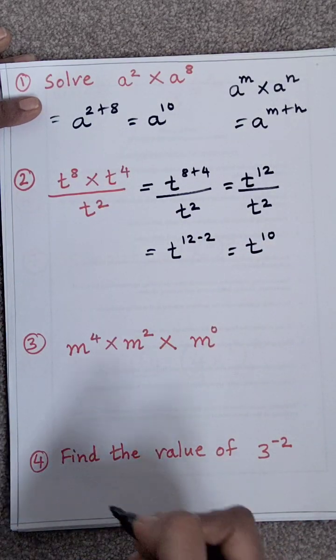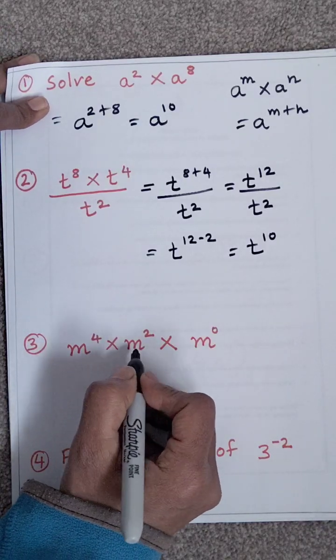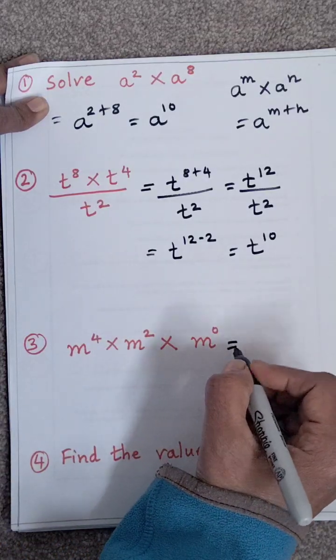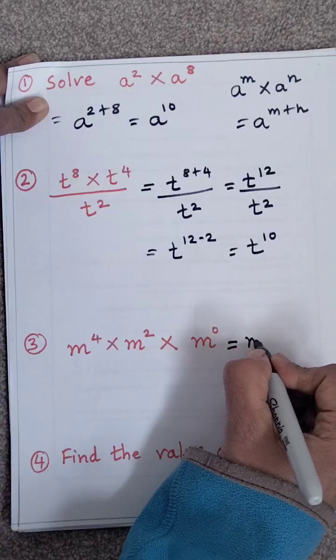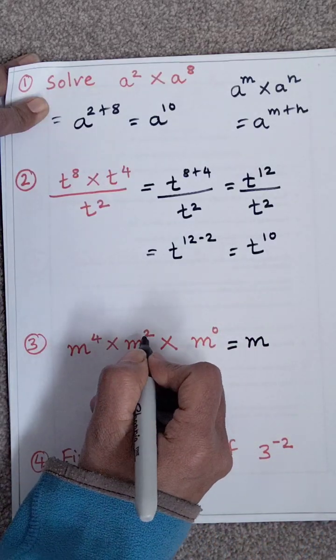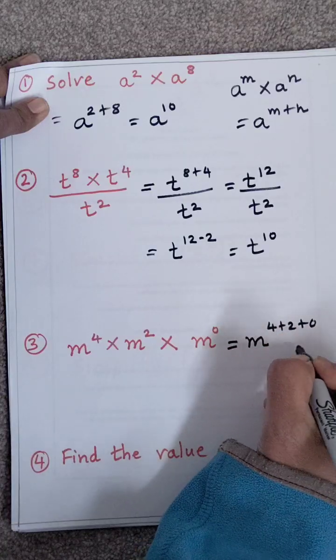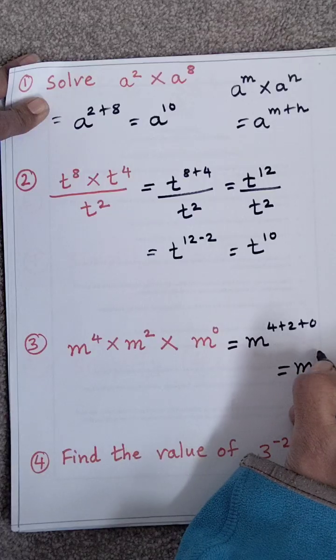Okay. Now m raised to 4 times m raised to 2 times m raised to 0. We use the multiplication law. So it is m raised to 4 plus 2 plus 0, which is m raised to 6.